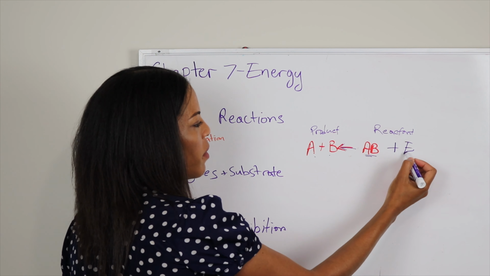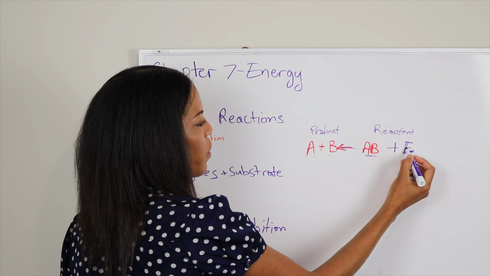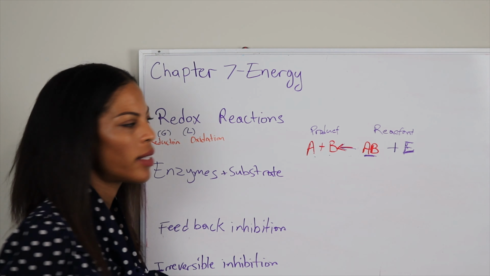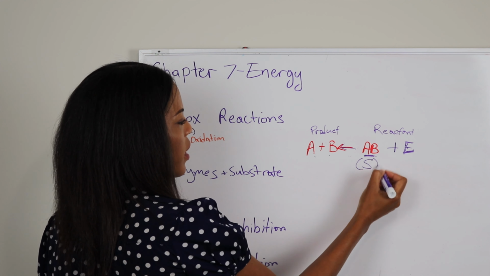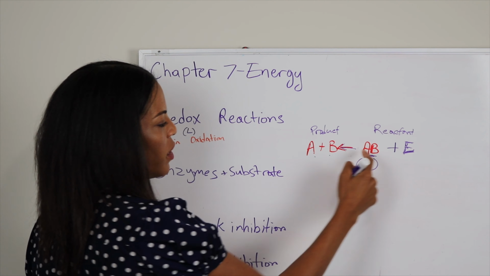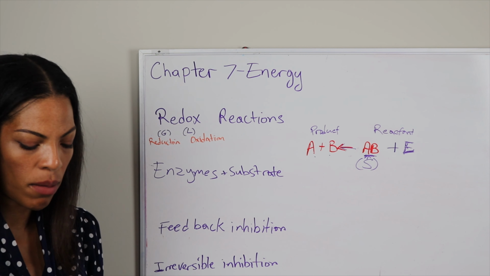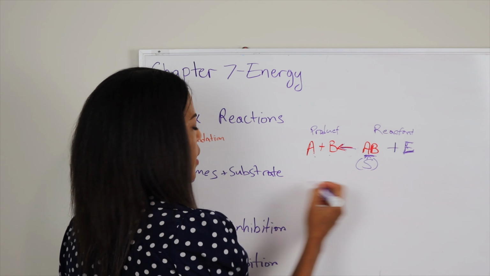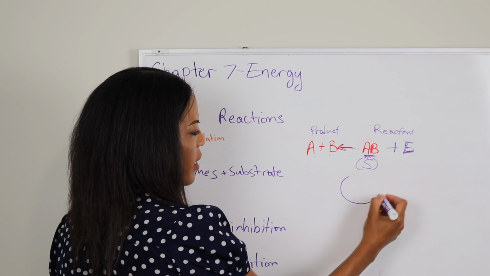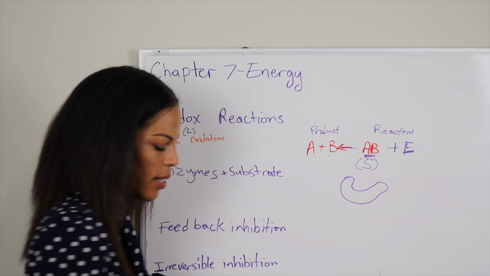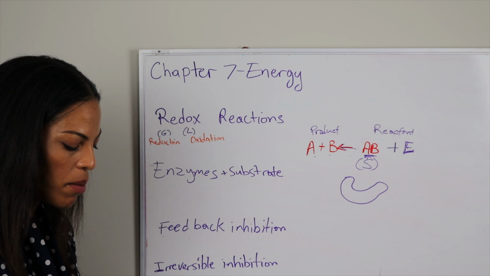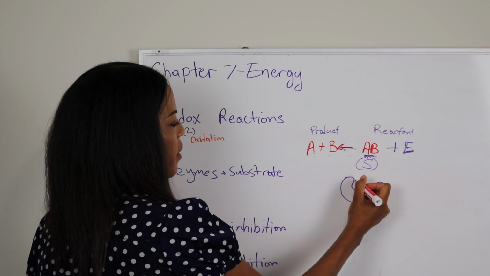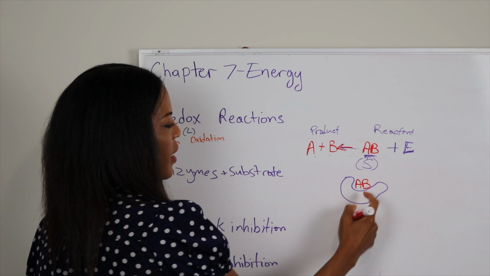Now, enzyme and substrate. The enzyme will interact with something in order to help it become something else, the product. Whatever the enzyme is working along with is called the substrate. What this can look like is that your enzyme could be some sort of molecule like this, and your substrate, that AB, would come here and sit in the enzyme.